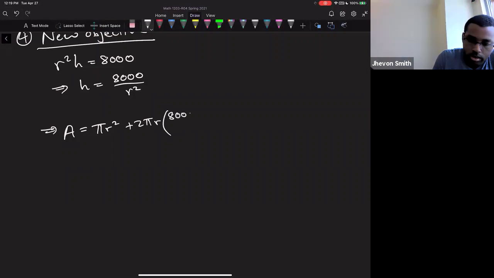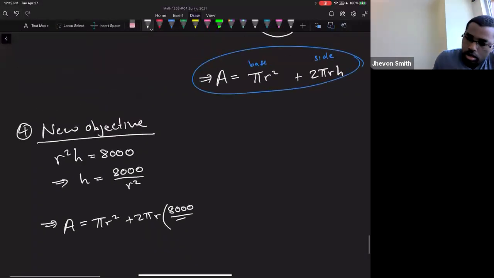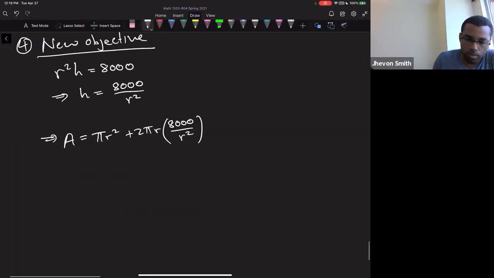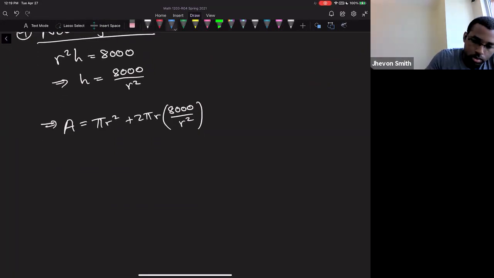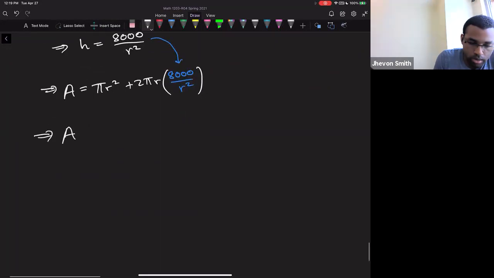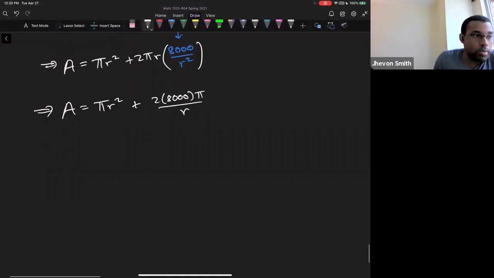So I'm going to plug that in here, (8,000 over r squared). So you would get that the new objective is pi r squared plus 2 times 8,000 pi over r.